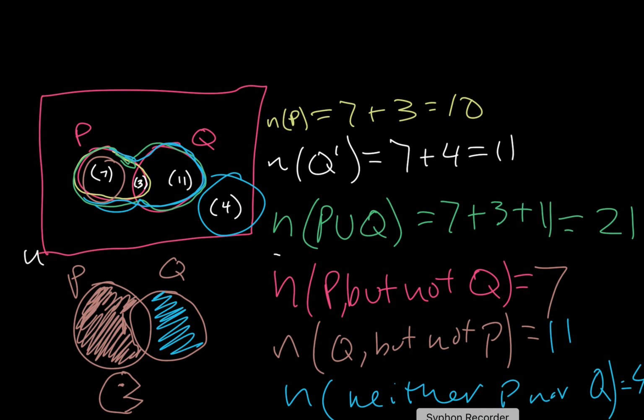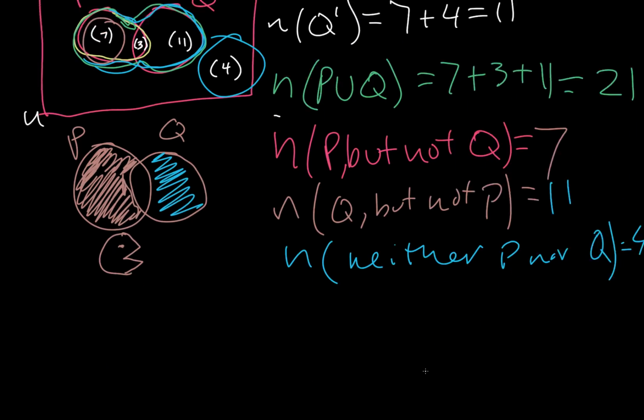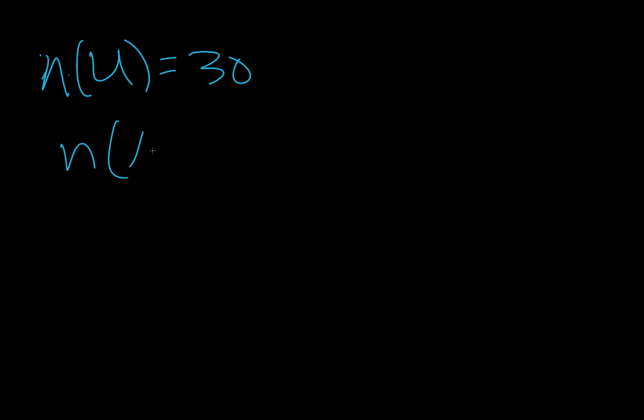Okay. So we're going to move on to example 8. This says, given n of U equals 30. So there are 30 elements in the universal set. And in A, there's 14.